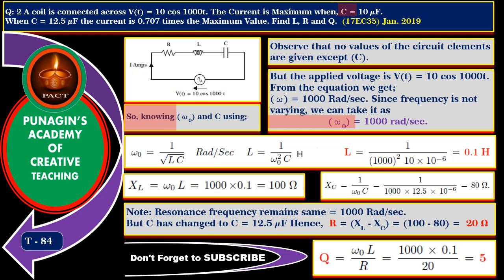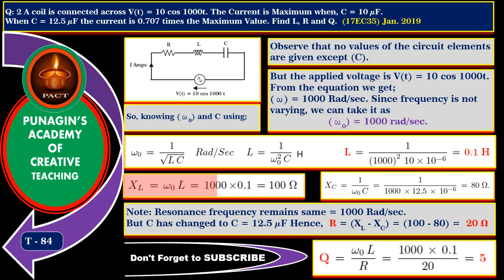So, knowing omega naught and C, using omega naught is equal to 1 divided by root LC radians per second, we can find L. By substituting the values, we get L is equal to 0.1 henries. So, knowing L, C and omega naught, we should be able to find XL and XC.